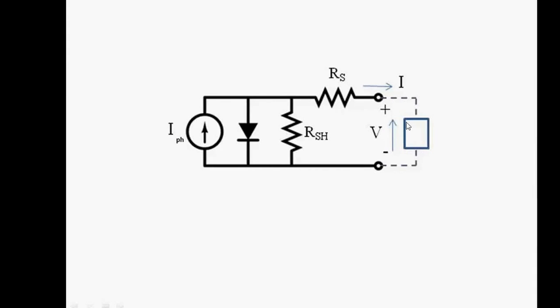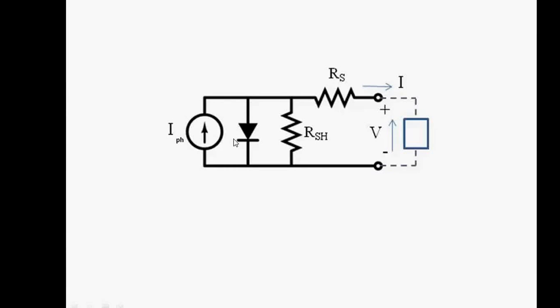So here is the load, and the output voltage V across it is a function of the voltage drop in this load, that is I into RL. So if the RL value is more, the voltage drop across it is also more. Based on this, we are controlling the voltage. Actually, this is a load dependent voltage. And coming to here, this is the ordinary diode. Whenever there is no load, the photocurrent entirely circulates through this diode only.